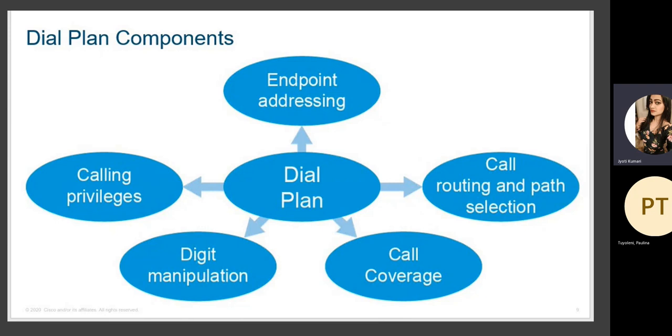And when the call is coming from outside, we remove the prefix, stripping off the digits, and then make the call to the original number. That all comes under digit manipulation. Calling privileges allow or deny access to certain calls or numbers.